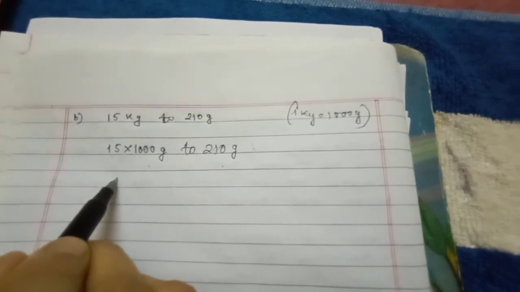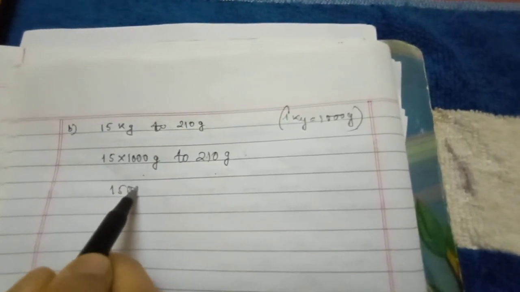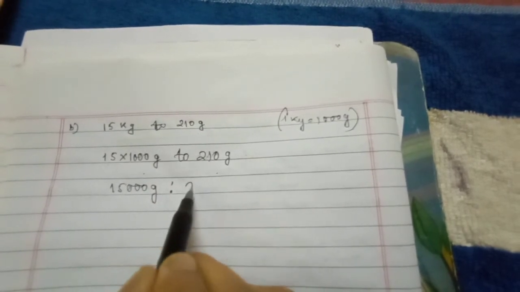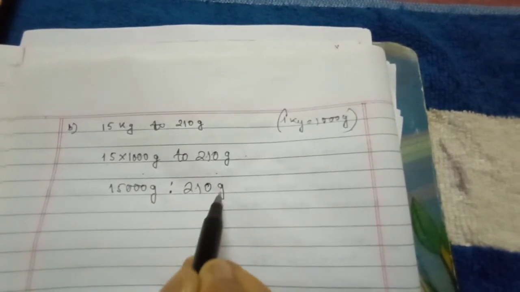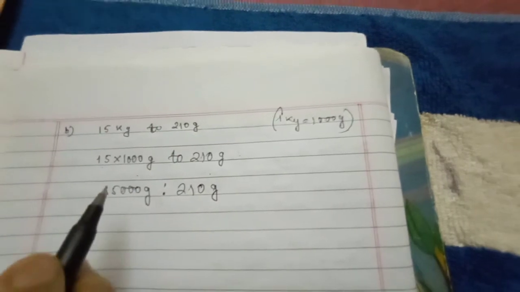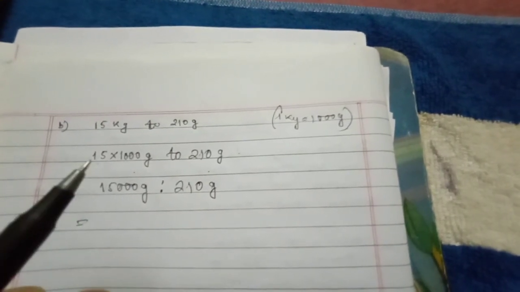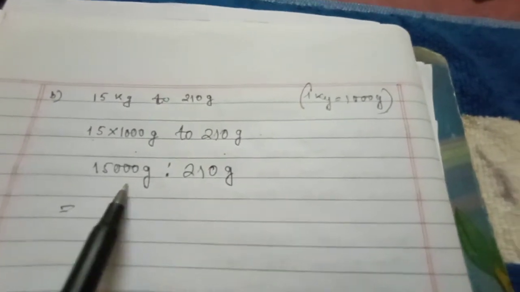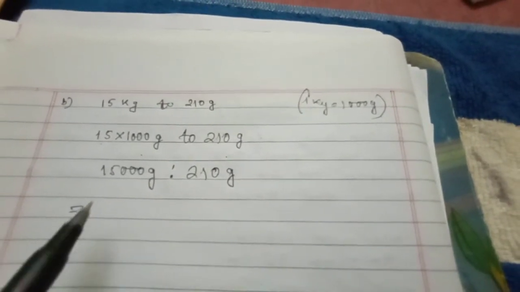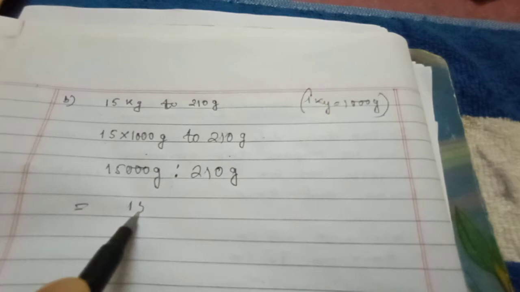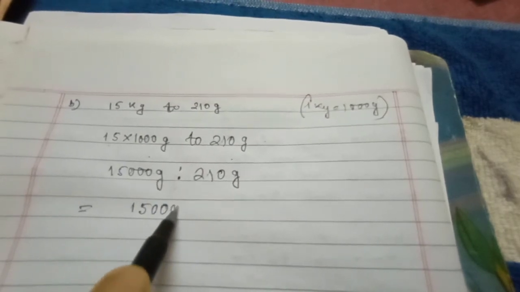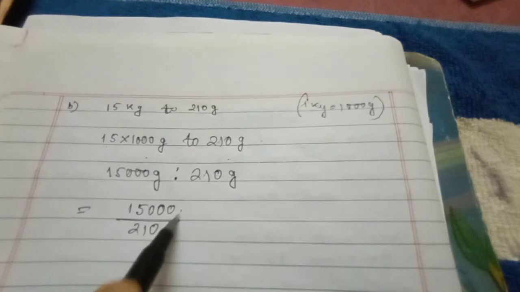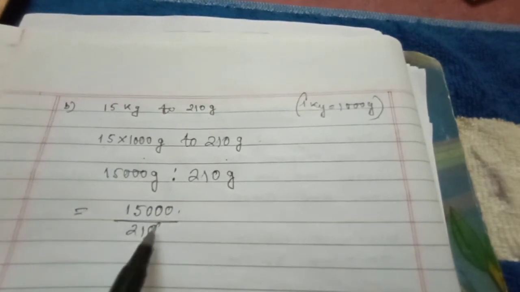Therefore the ratio between 15,000 gram is to 210 gram. Now both are in same quantity. Now write in the division form: 15,000 divided by 210. Gram cancel out, 0 0.